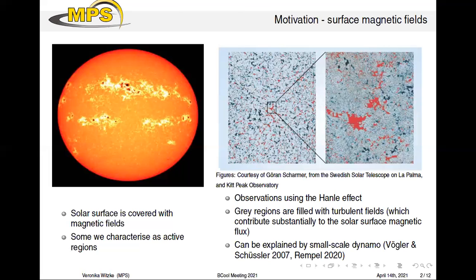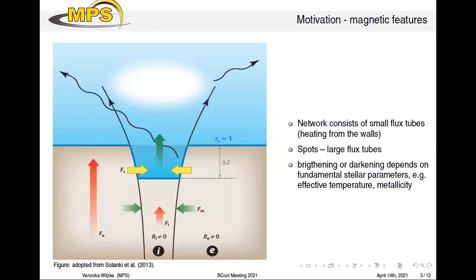So let's distinguish a little bit more on the magnetic fields. If we want to understand magnetic features, we have spots and faculae, and these phenomena are formed when magnetic flux tubes rise to the surface. The magnetic tube will suppress convective motion underneath, and due to the magnetic pressure, it will also lower the density in the area where the magnetic flux tube is located.